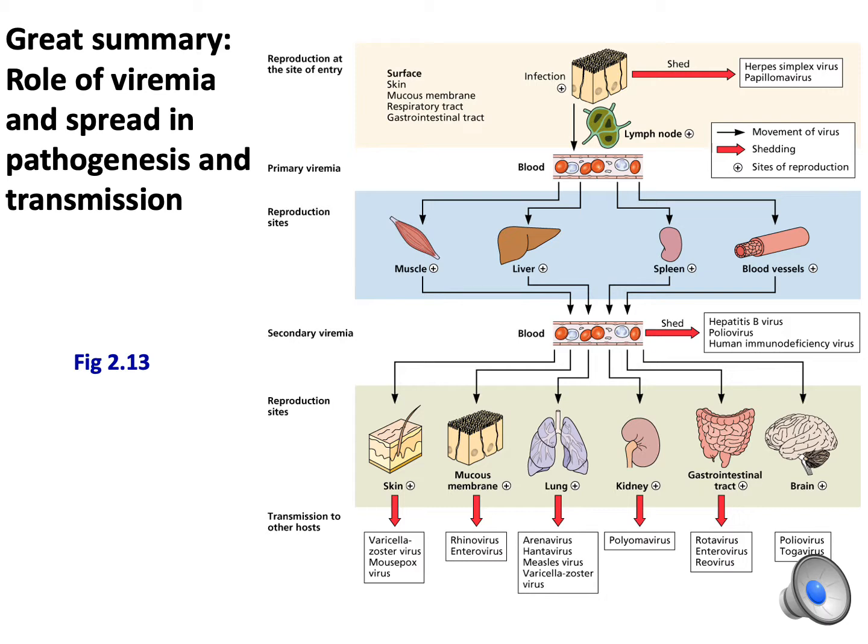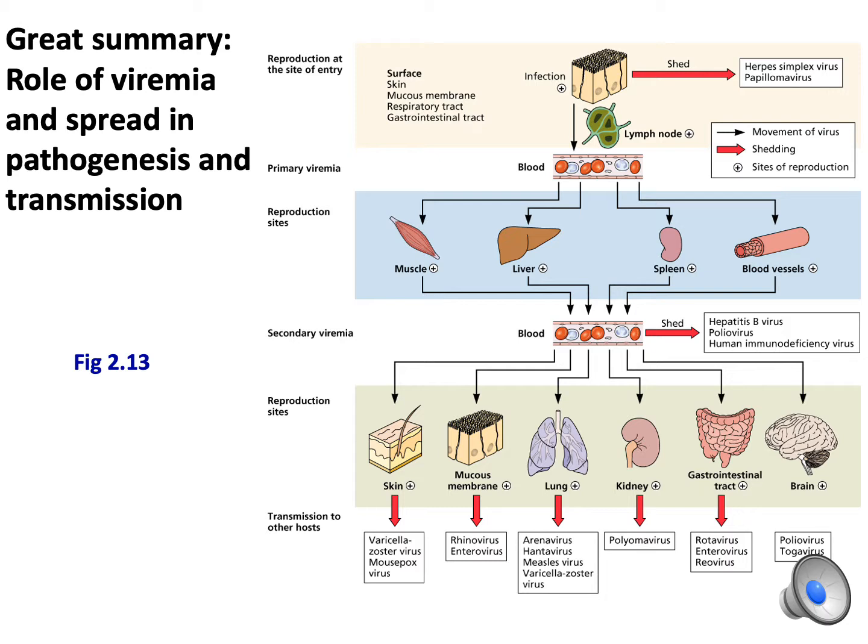This slide shows a great summary. It's worth spending some time walking through this yourselves, of the role of viremia and spread in pathogenesis and transmission of viruses. So it really talks a lot about how viruses might infect at the surface, skin, mucous membrane, respiratory tract, GI tract, and then where there is shedding.